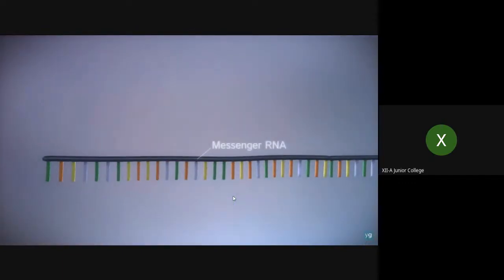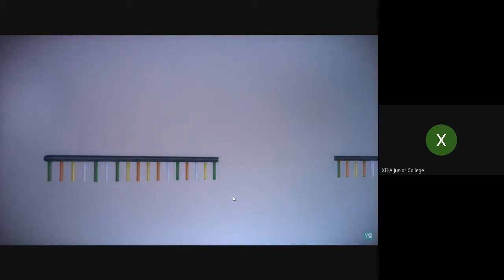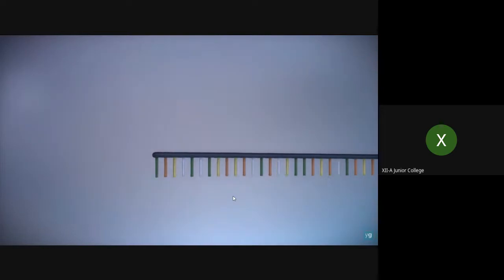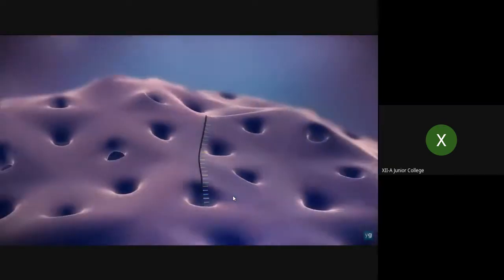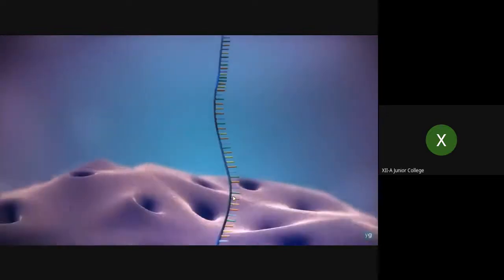Then this messenger RNA needs to be present. Non-coding sections are removed. It moves out of the nucleus and comes into the cytoplasm. This is now mature RNA.